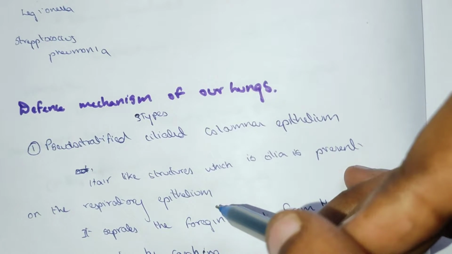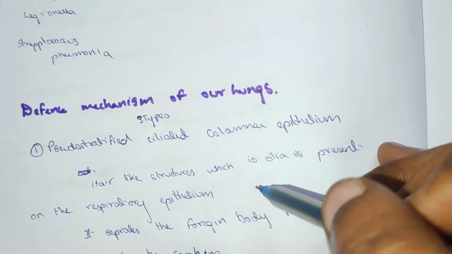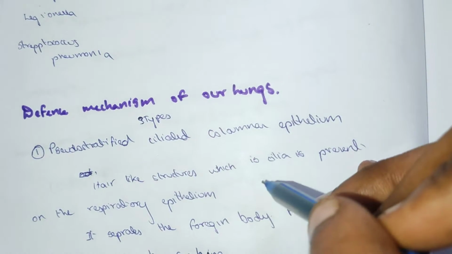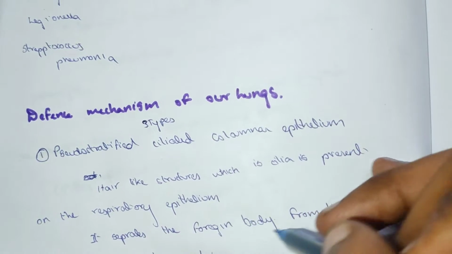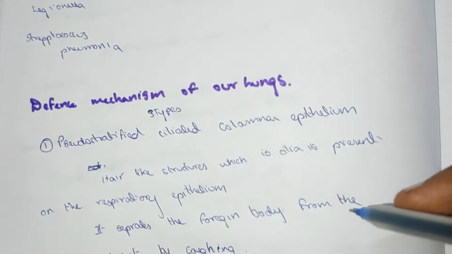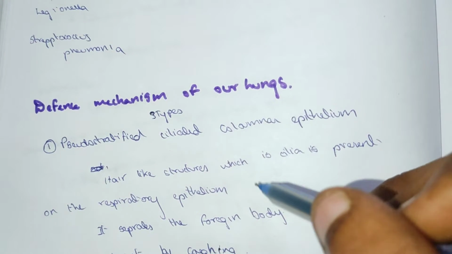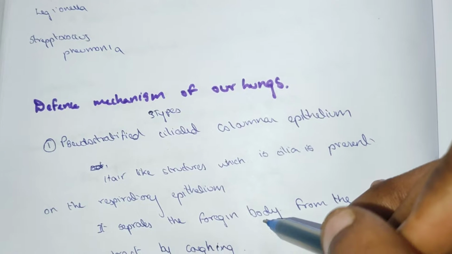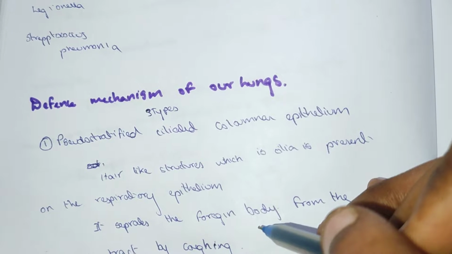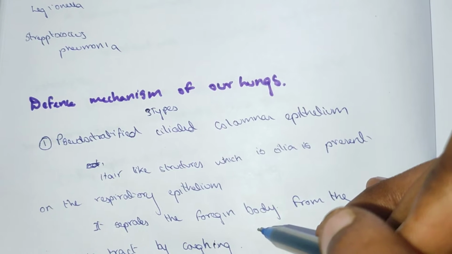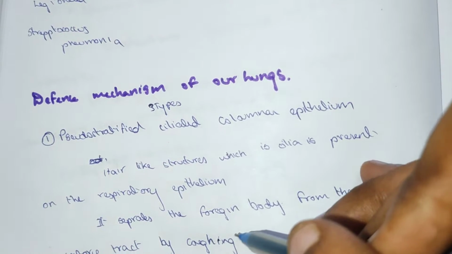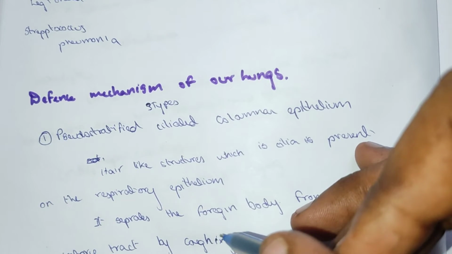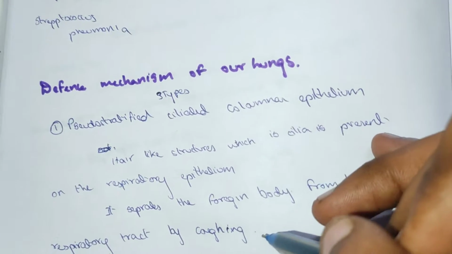When the foreign body enters that area, the cilia capture it and take it out of the body by a reflex protective mechanism known as coughing.